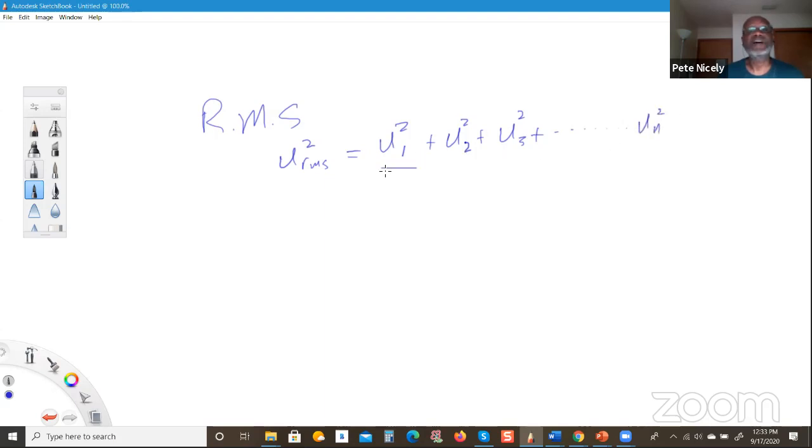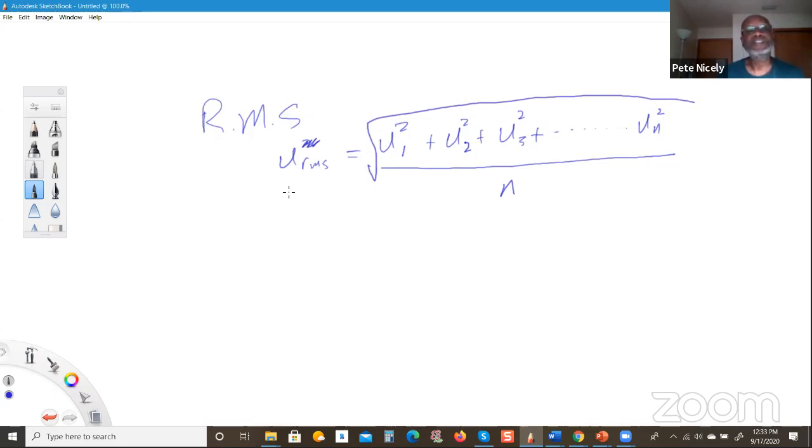And then you divide all of that by the total number of molecules. So basically, the root mean squared speed would be the square root of all of this right here, all right?